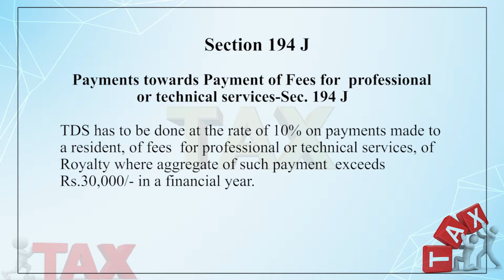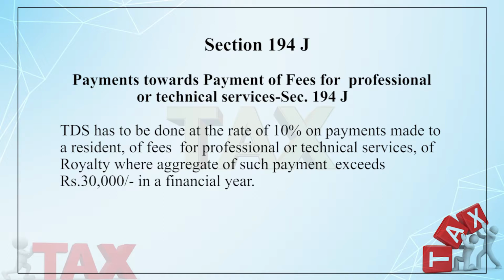The law says that the payer, the person who has engaged those professionals, while paying these fees must deduct the tax at source. That's why the subject is called TDS, tax deduction at source. The rate is 10%, and there is also a threshold limit.